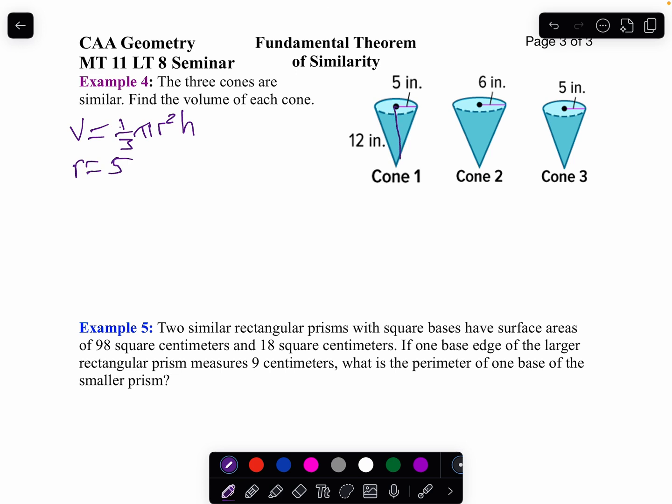So if I draw in my right triangle here, and I'll put in 12 here, and I know my radius is 5. So I can use Pythagorean theorem, and I'm going to say 12 squared equals 5 squared plus, well, let's call it h squared, h for height.